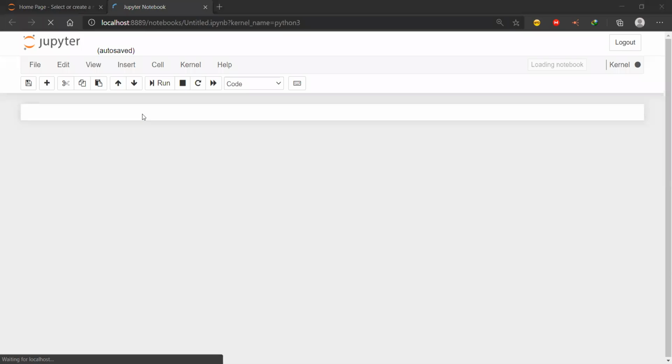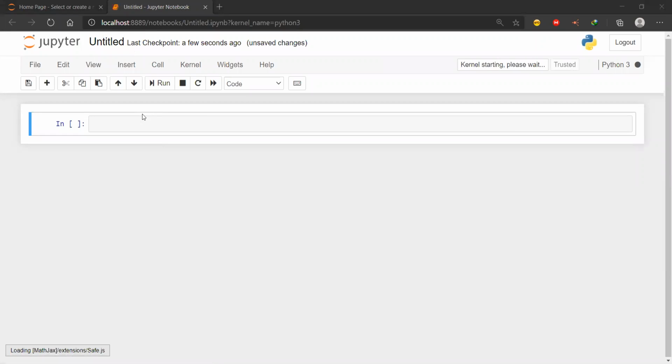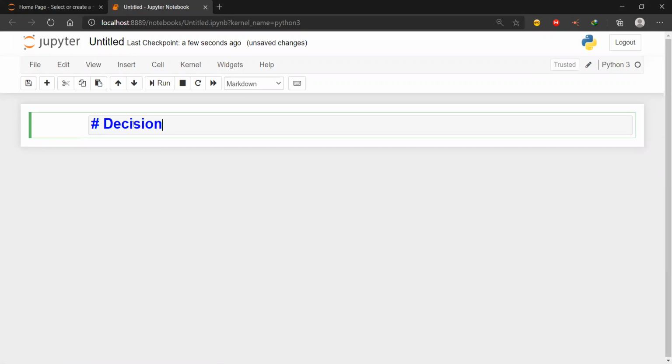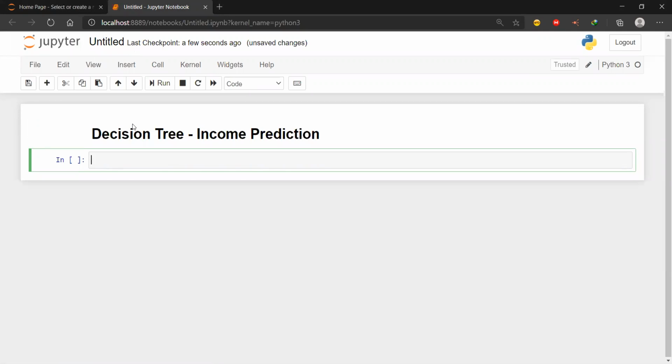Now I will create a new Jupyter notebook, and I'm going to call this decision tree income prediction. So this use case that we are going to look at is something like this.